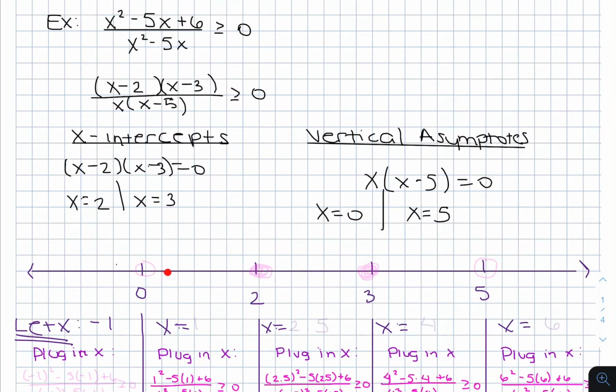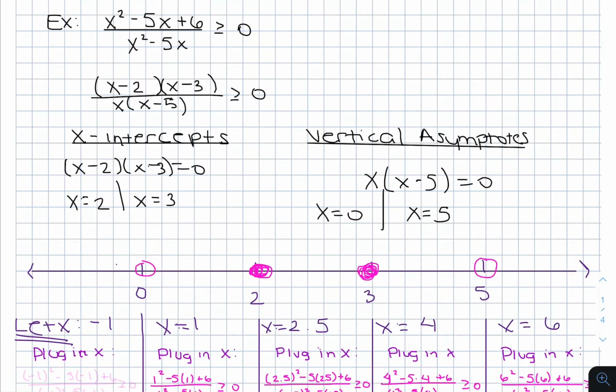An x value between 0 and 2 is 1. An x value between 2 and 3, we can pick 2.5. Another between 3 and 5 is 4, and the value after 5 is 6. Because 2 and 3 are x-intercepts, those will actually be included in our solution. And since 0 and 5 are vertical asymptotes, those will not be included.